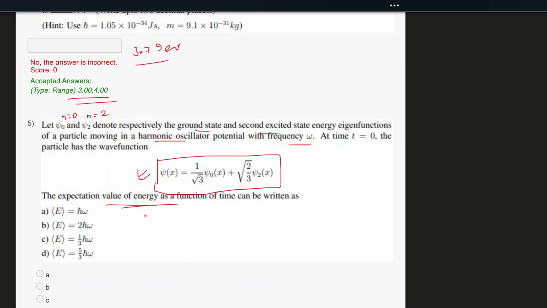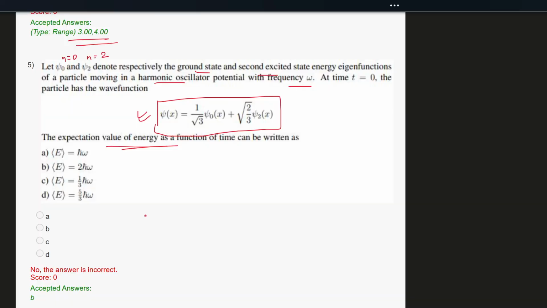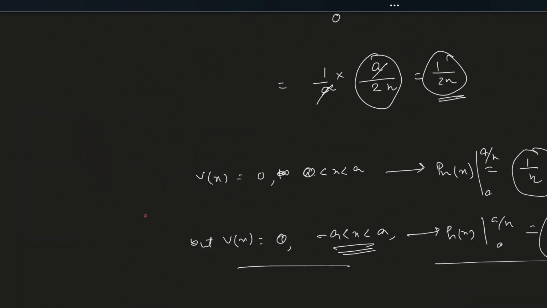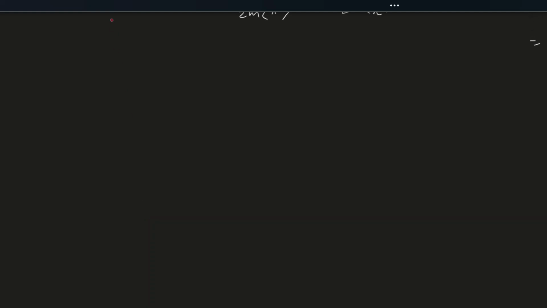So first of all, let me choose a page and then start. This is question number 5. I can tell you an easy trick, but first I will derive it fully for you.